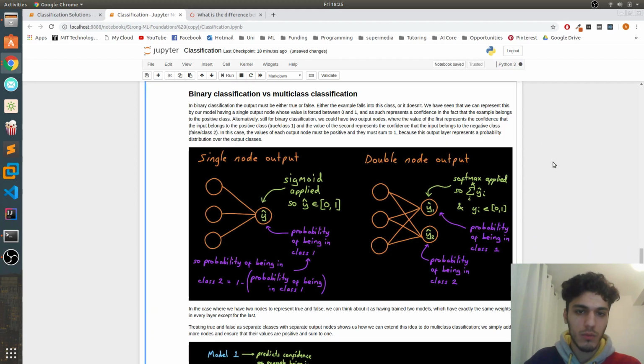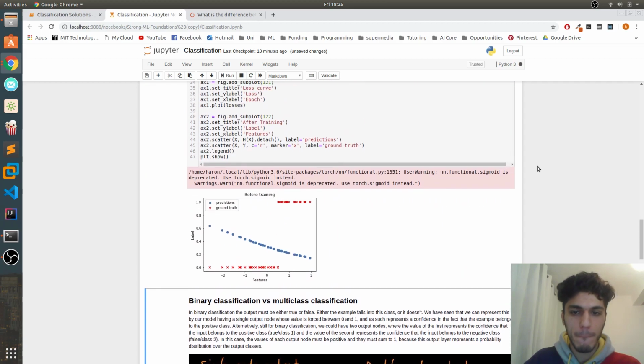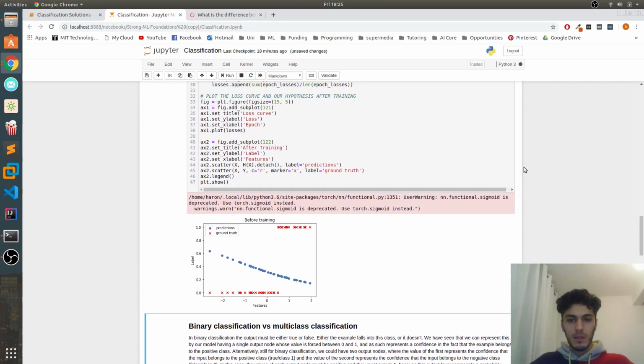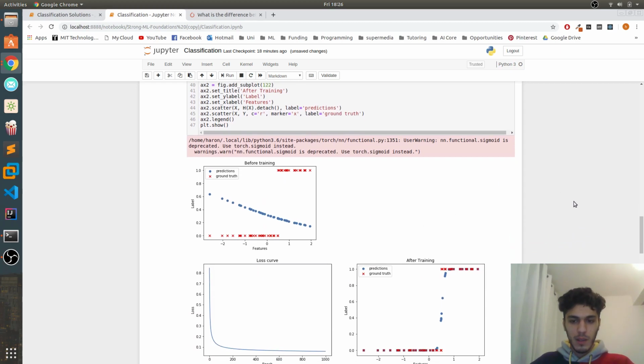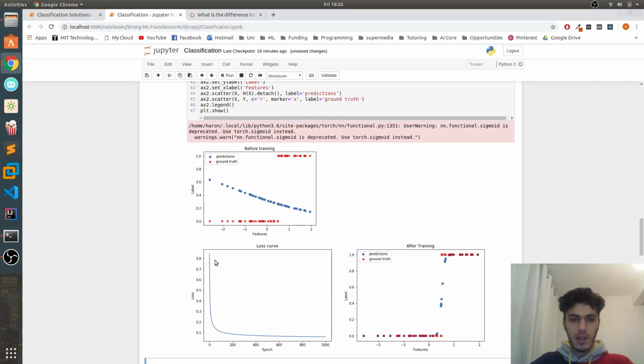Okay, so let's run that. Cool, so this shows our hypothesis before training. As you can see, it's not very good, it doesn't make good predictions. And here we can see our loss keeps decreasing, and finally our model's predictions align very closely with the ground truth.